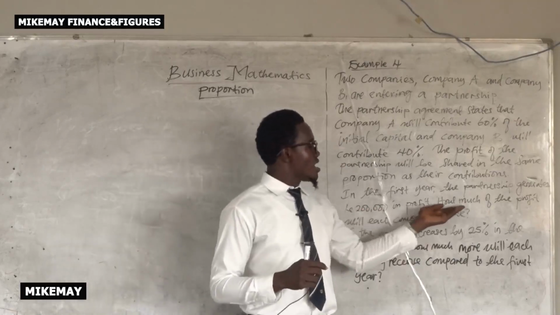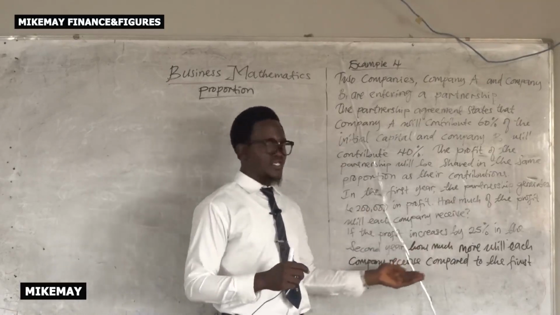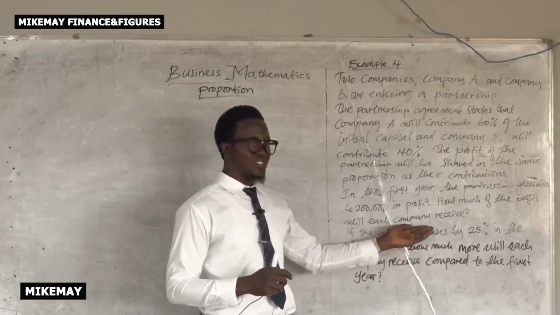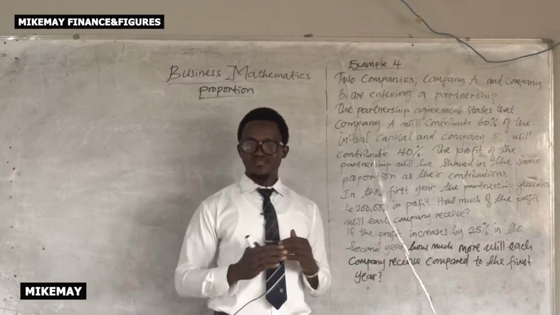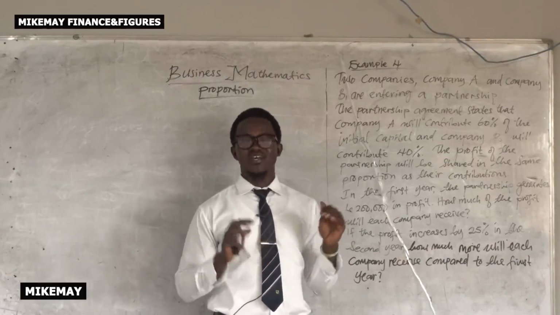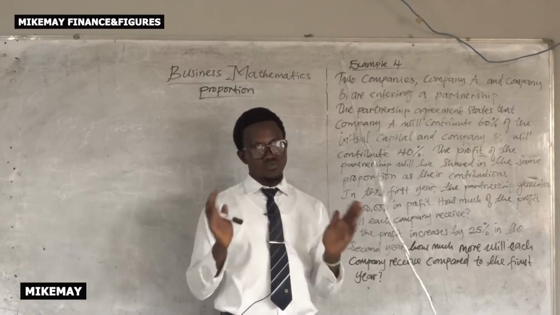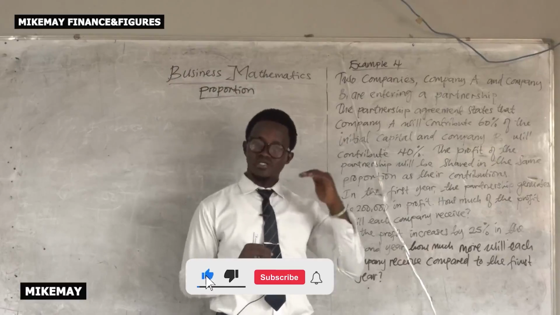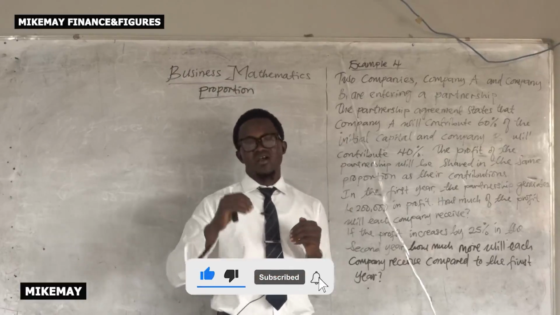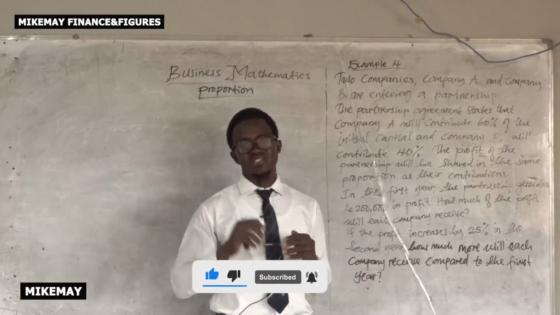So, how much of the profit will each company receive? How much? So, remember, there are 2 companies, A and B. Each contributed capital, and we are told that A contributes 60% of the capital, and B contributes 40% of the capital.